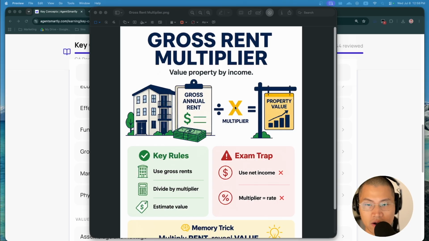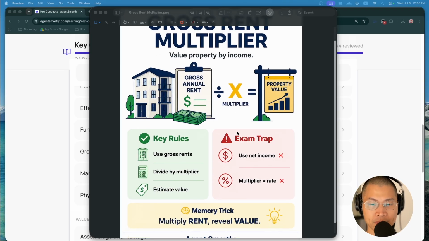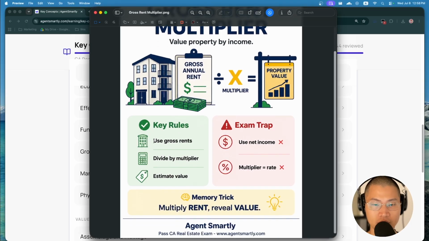The key rule: use the gross income multiplied by the multiplier, and you can see the rough value. The exam trap: they will say to use the net income, which means subtracting maintenance. You don't need to. And they may say the multiplier gives you a rate, a percentage, which it does not. For the memory trick: multiply the rent to reveal the value.